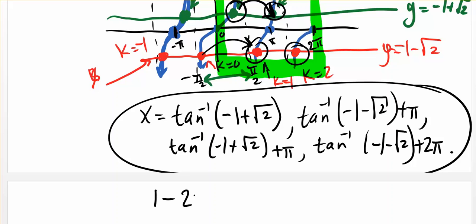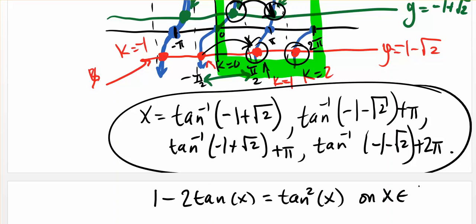So these are all the solutions for the equation 1 minus 2 tan of x is equal to the tangent squared of x, on x an element of 0 to 2 pi. These are the 4 possible solutions to this equation on this interval.